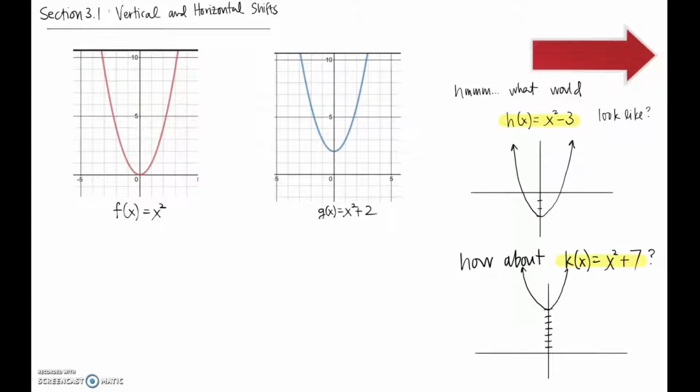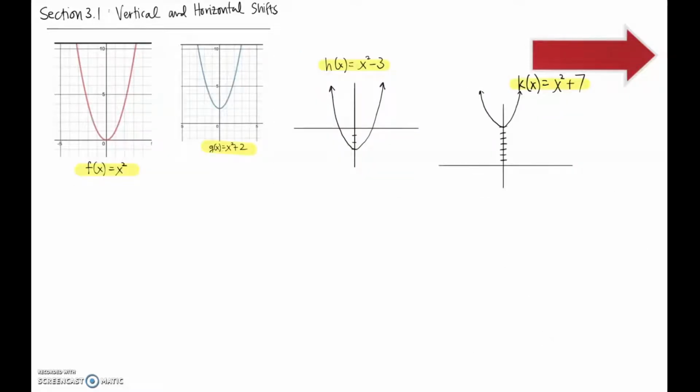And if you graph this function, that's exactly what you'll get. So these 3 functions were all vertical shifts of the original. And this constant that got added or subtracted on the end of the original function is what causes that vertical shift.